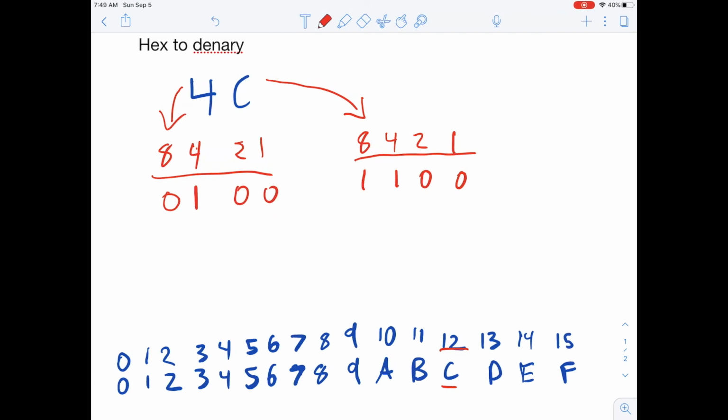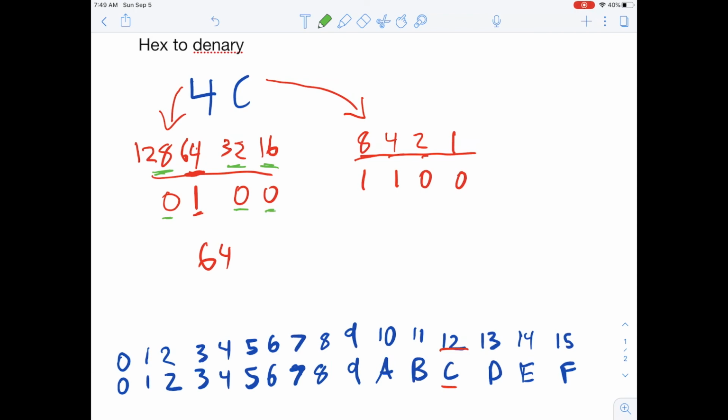But we want to go all the way to denary. So I'm just going to go up in place values for binary. So 1, 2, 4, 8. I'm going to change this 1 into 16. I'm going to change this 2 into 32. I'm going to change this 4 into 64. And I'm going to change the 8 into 128. Okay? So then when we look at this, this is going to be 64, because there's a 1 right here. There is no 128. There's no 32.